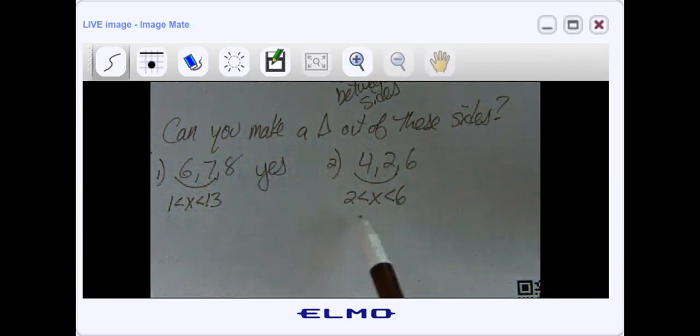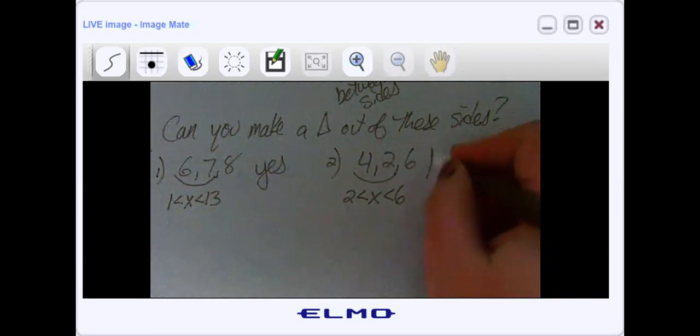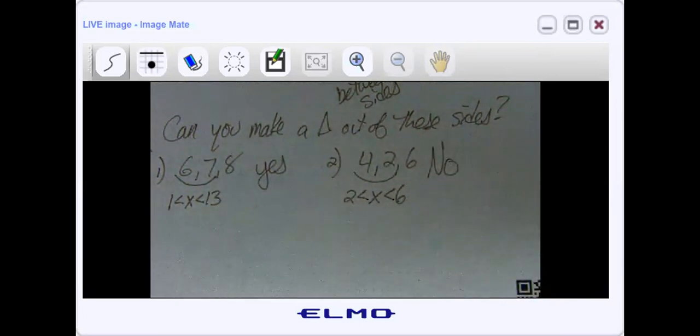Because remember, my number has to be greater than 2, which it is, but it also has to be less than 6. Is 6 less than 6? No. So this actually doesn't work. It's got to fit in between 2 and 6. And 6 is here, so that does not actually work. So we're going to go with no.